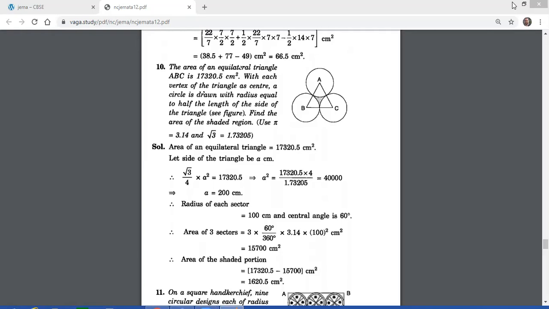Pi value they have asked us to use 3.14. So the final answer of three sectors is 15,700. So the required shaded area will be area of the triangle, which is already given to us 17320.5, minus area of the three sectors. So we will get the area 1620.5. Okay, so shaded area will be 1620.5.